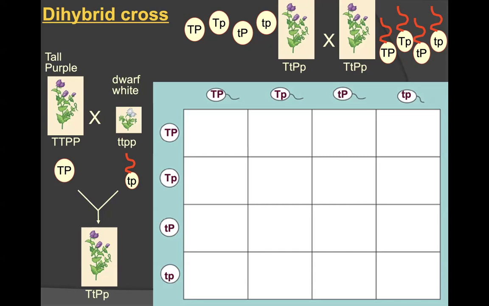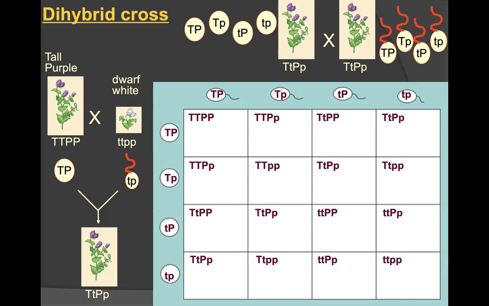If we continue along that row, we would determine the rest of the offspring, resulting from a big T, big P egg and our corresponding sperm on the top. We would consider this for every single egg potential gamete that we have, and these are the resultant offspring.